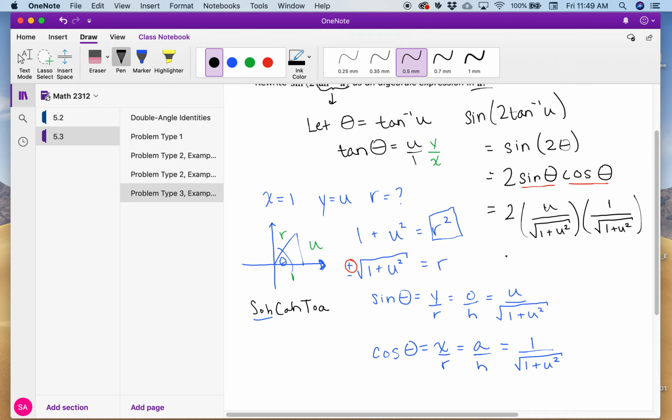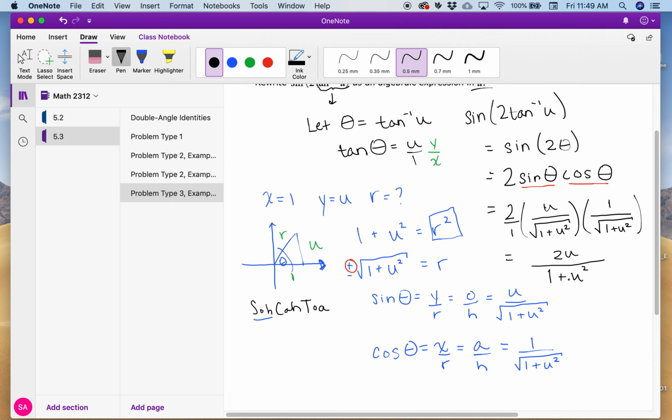All right, and this is going to work out nicely. So remember, this 2 is technically a 2 over 1. So that's going to be multiplied across the top. We have 2 times u times 1. That's just 2u. All over the square root of 1 plus u squared times the square root of 1 plus u squared is 1 plus u squared, right?